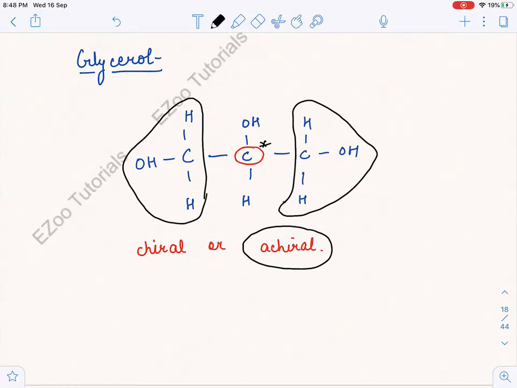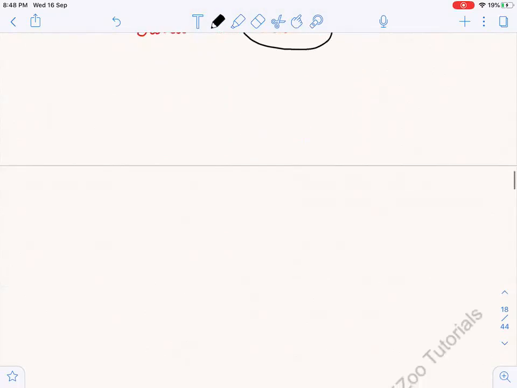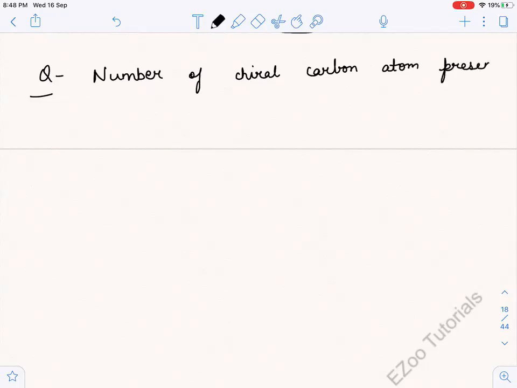Now let us see one more thing, and you have to answer me this. The question is, can you tell the number of chiral carbon atoms present in the open chain structure and cyclic form of glucose?